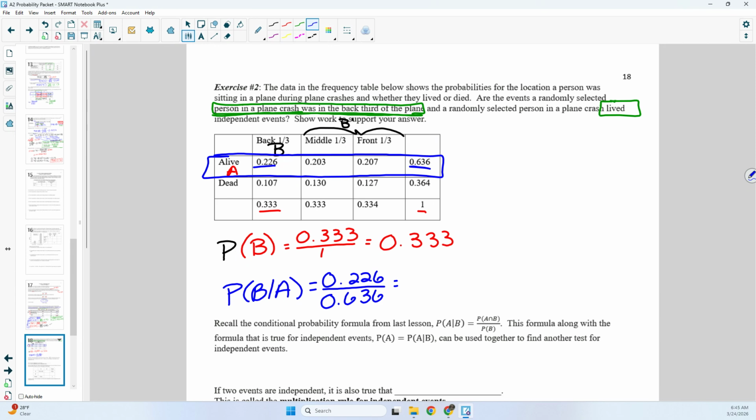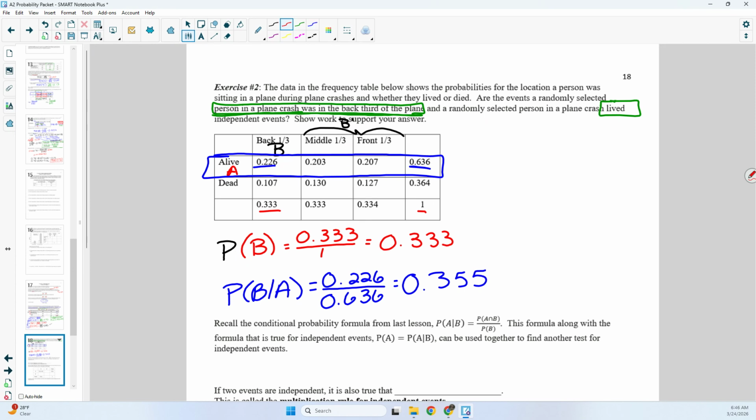I'm going to take those two in and just see what happens. 0.226 divided by 0.636, and I do get 0.355. Okay? So if I just look at the people that are alive, there's a little more chance that they were in the back third of the plane, maybe versus another part of the plane.